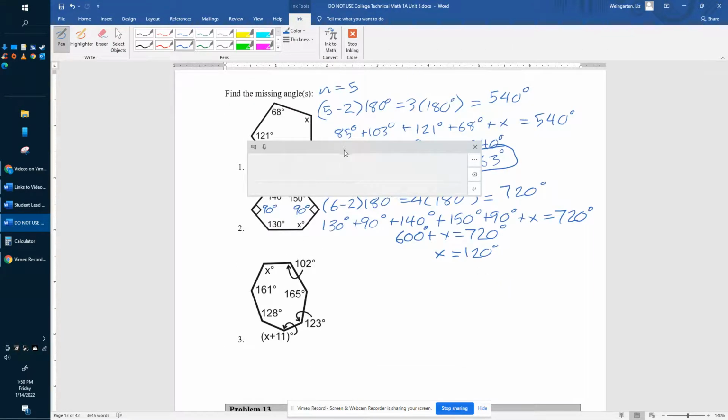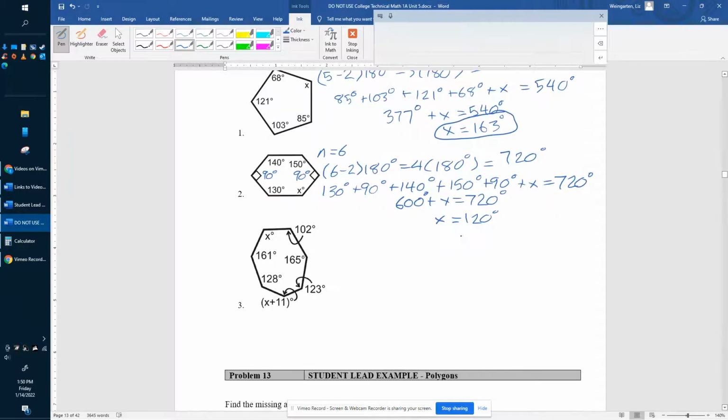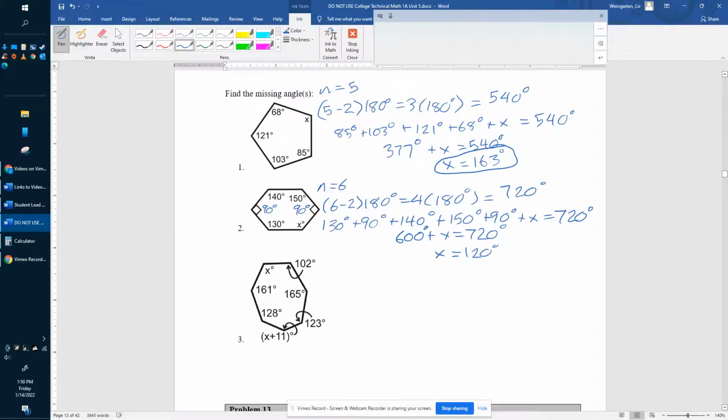Let's look at our last example. We have several x's in here this time. So we don't know what this angle is, we just know it's x plus 11, and this angle is x. How many sides does this shape have? 1, 2, 3, 4, 5, 6, 7 sides. So n equals 7.